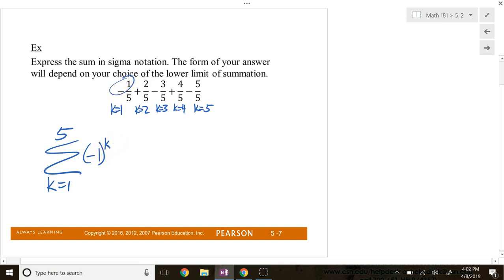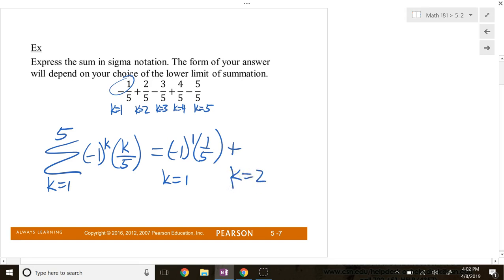And then it's going to just be that k number over 5, and notice it stays 5 the whole time, right? So for k being 1, I got negative 1 to the 1. Now k being 2, so we got negative 1 squared times 2.